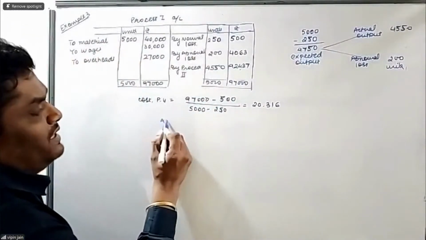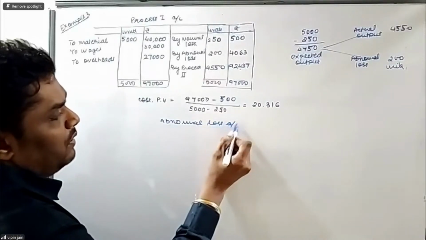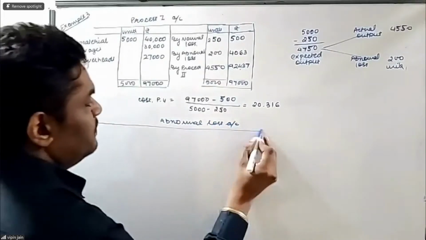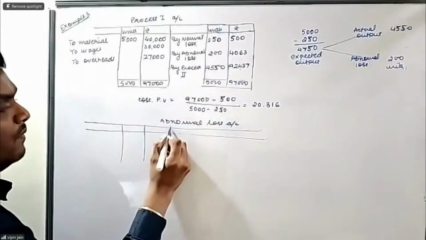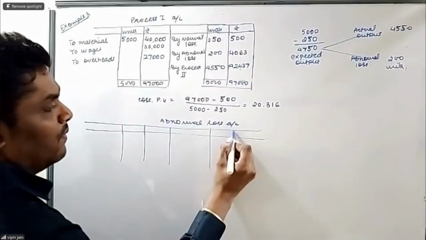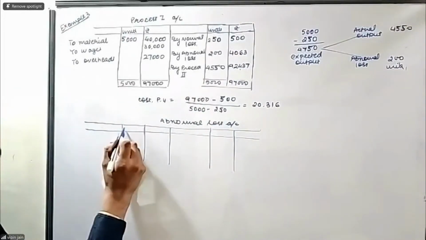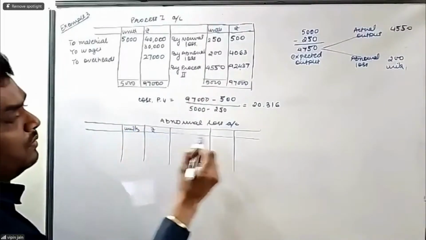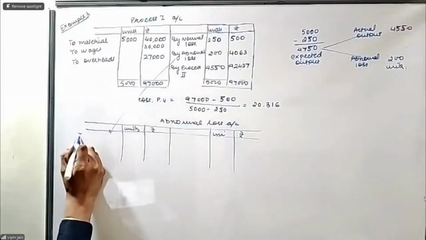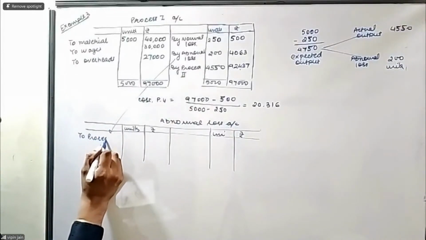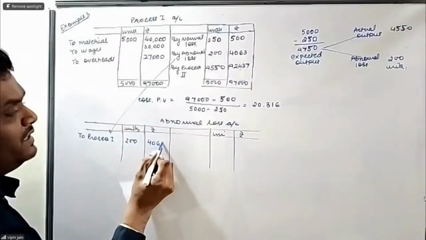Further, very important, guys, when talking about the preparation of abnormal loss account, to process first 200 units and 4,063 is the value.